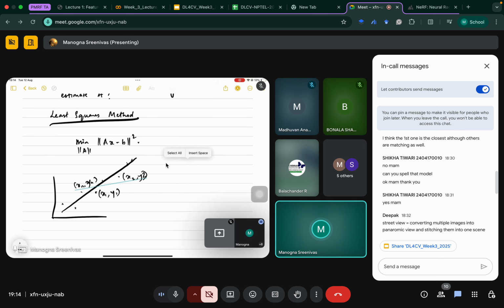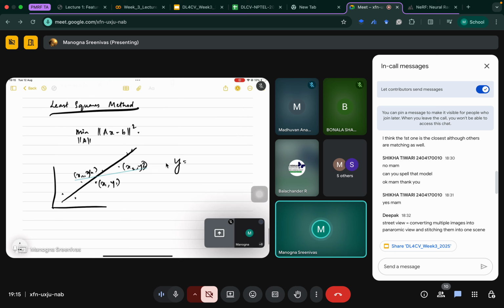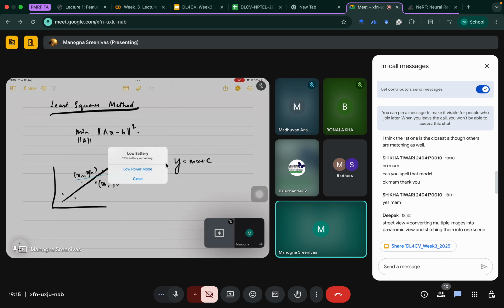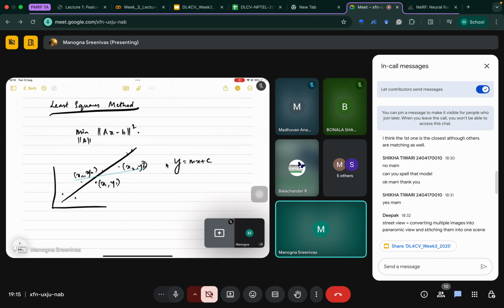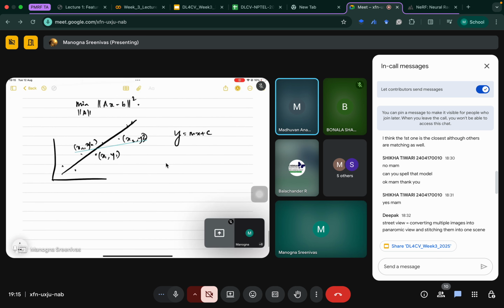How do we write a line? y is equal to mx plus c represents a line, right? So how many data points would I need to fit a line? 2 points, right?